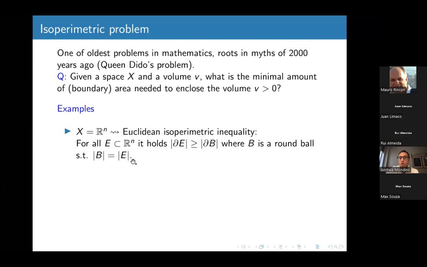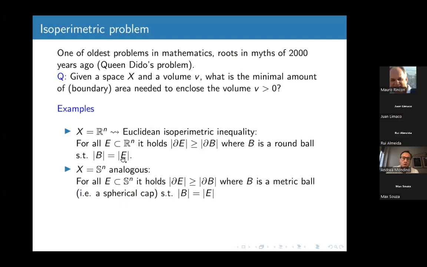You take the round ball having the same volume as the Borel set E, of course. Okay. So the ball is the optimal shape for the Euclidean isoperimetric inequality when you fix the volume.